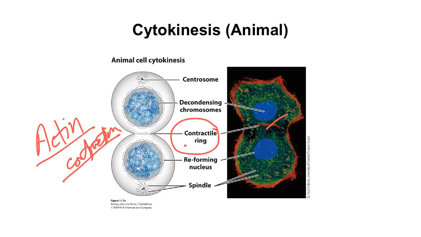As it contracts, it pinches the cytoplasm of the cell, eventually dividing the cell into two. This is how the cytoplasmic division happens to complete cell division: first nuclear division by mitosis, and then cytoplasmic division by cytokinesis. And this is how it's done in animals.